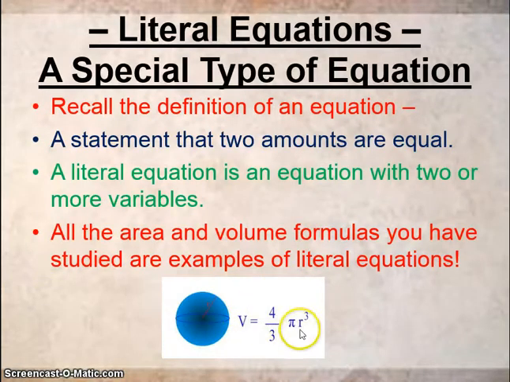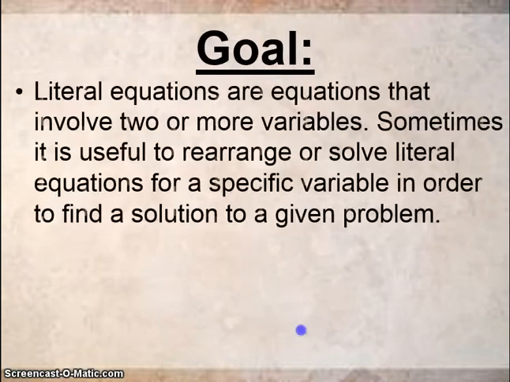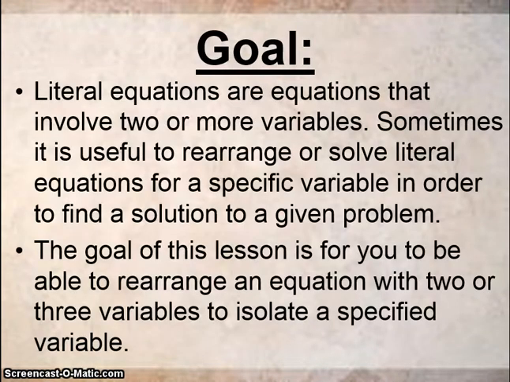But had you been looking for the radius, we could rearrange this formula to focus on what the radius would equal if we knew the volume. So the goal of this lesson is for you to be able to rearrange an equation that has 2 or 3 variables in order to isolate a specific variable.